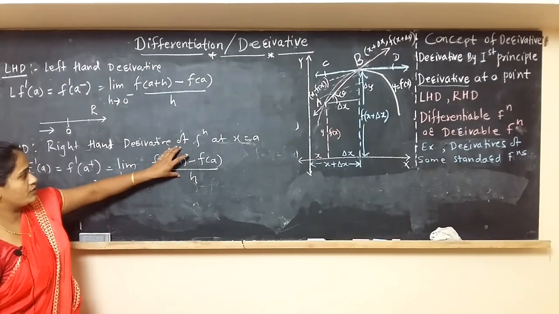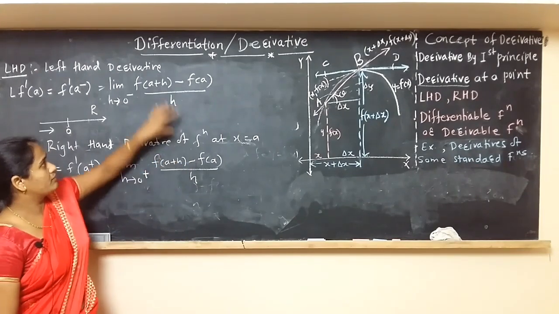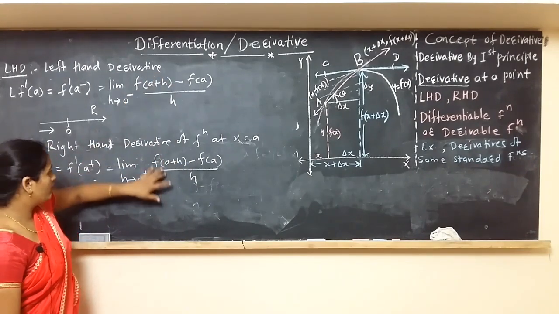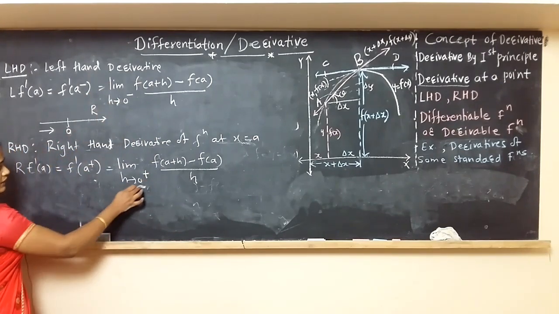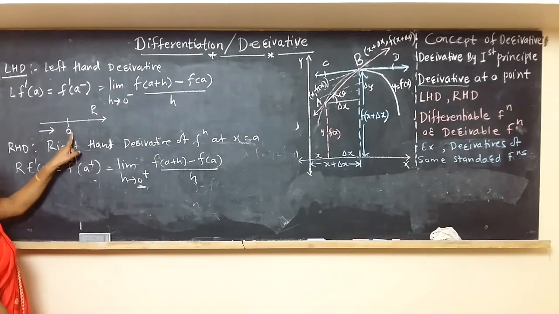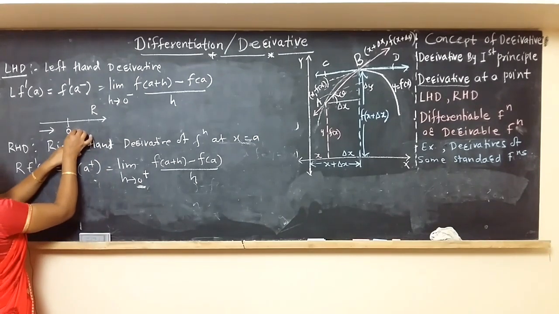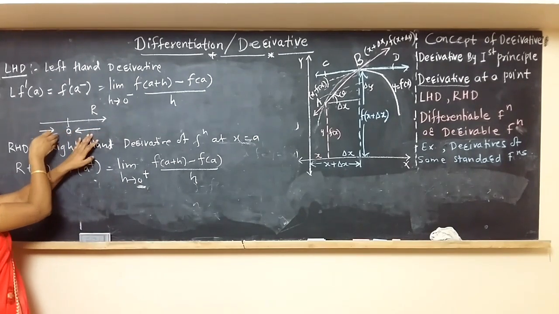The incremental ratio is same. This ratio is same over here in both the definitions. Just there is change in 0 plus. What that 0 plus represents? H tends to 0. H goes towards 0 from right.